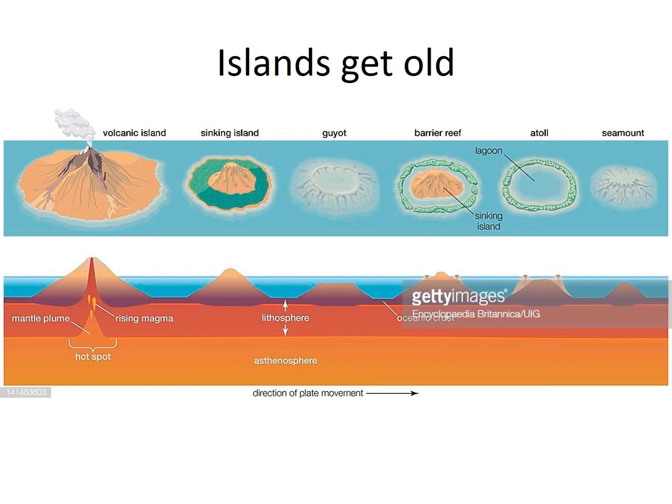All right. Now what happens is the crust and the lithosphere are sliding to your right. So see down at the bottom in black, it says direction of plate movement. The plate is moving to the right. What does not move is that hot spot. Okay?